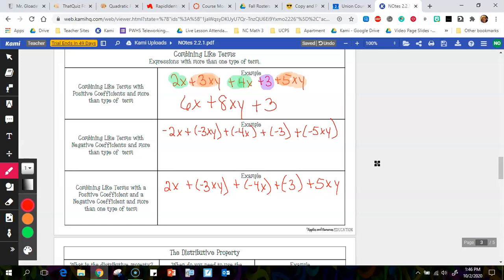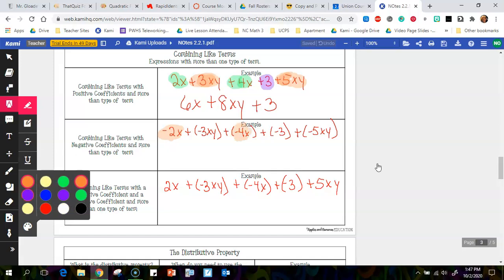All right, the next one, these are all negative, and don't let the parentheses fool you. They only put them in parentheses because they have a negative in front of them. So instead of writing minus 3 and minus 5xy, they put plus and then the negative. So let's highlight our like terms on this one. We have a negative 2x and a negative 4x. This is very similar to the one we just did. It's just that they changed them to negatives.